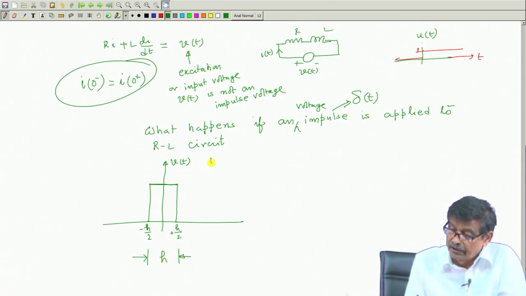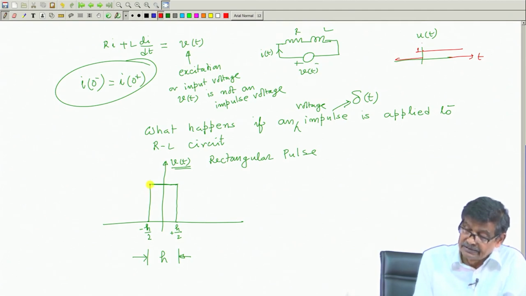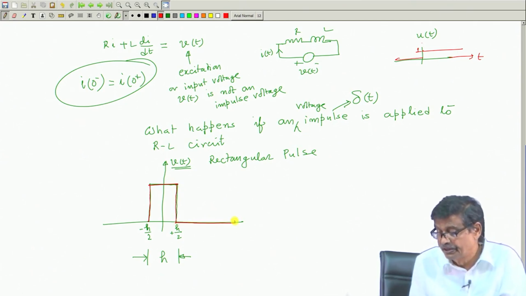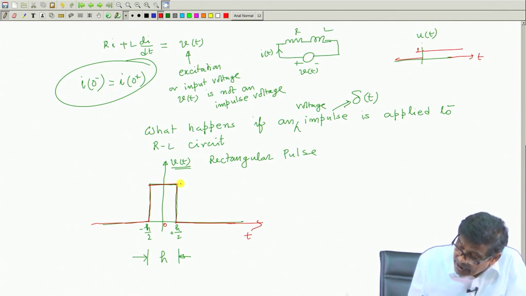This is a rectangular pulse as your v(t). I will sketch it this way: a voltage of this sort, which is otherwise 0. For t greater than h by 2 it is 0, for t less than minus h by 2 it is 0, here is t equal to 0. This is the time axis.